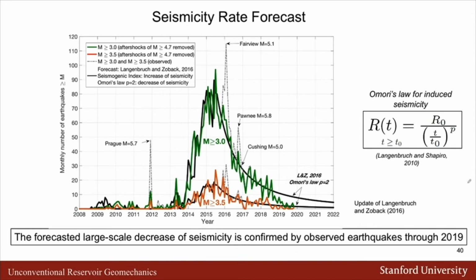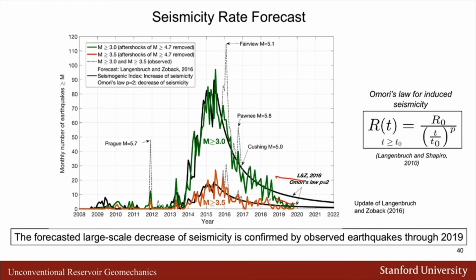So here's an update on our original prediction all the way up to 2019. And not only were we being conservative, we were grossly over-predicting the number of 3.5 earthquakes. So we're not up here. We're way down here.